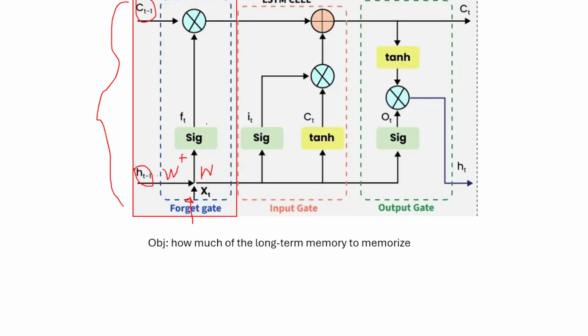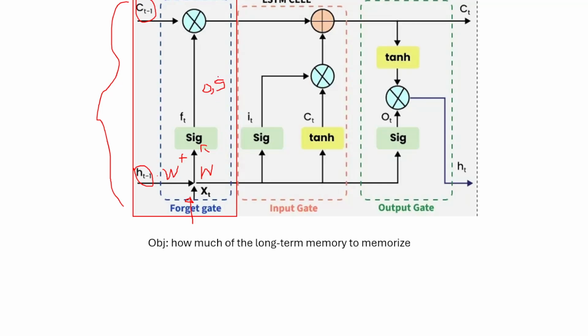And next we do the activation. Since it's sigmoid, it will be between 0 and 1. So let's say, for example, after multiplying the input by the weight plus the previous hidden or the previous short-term memory multiplied also by weight, and then summing them all up and adding the bias, the activation gives us 0.5.